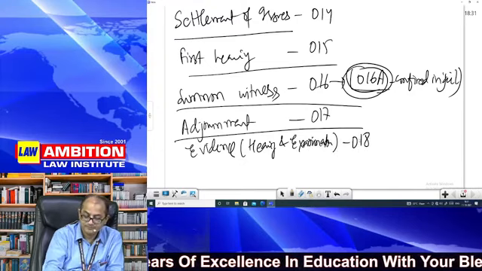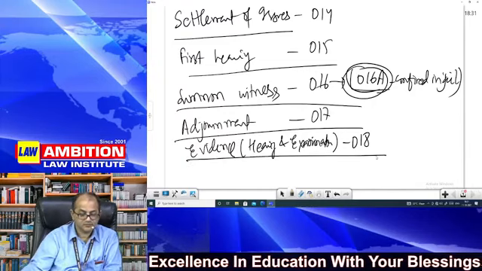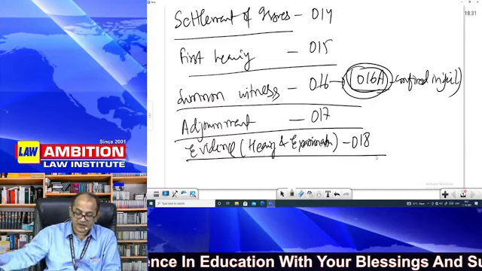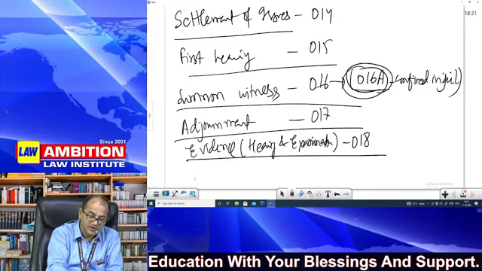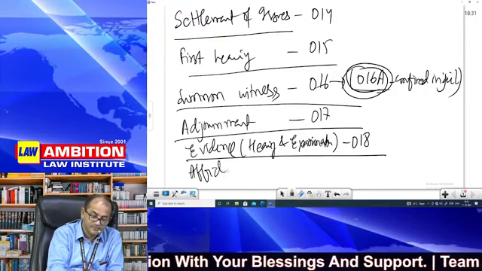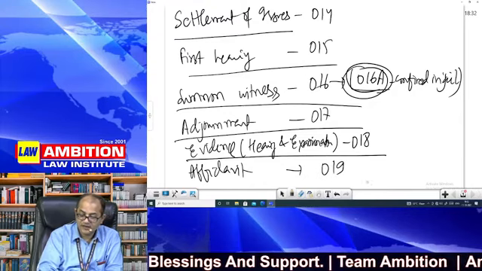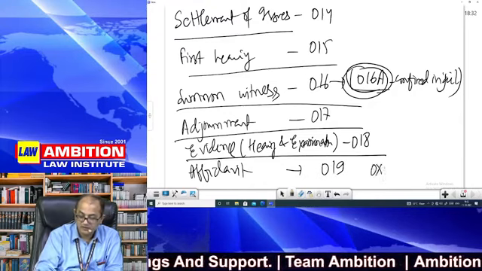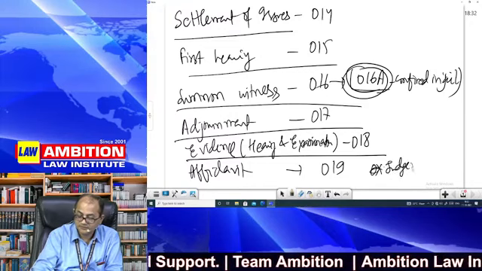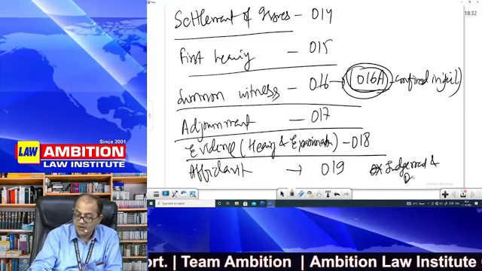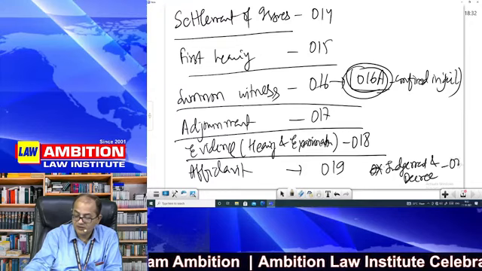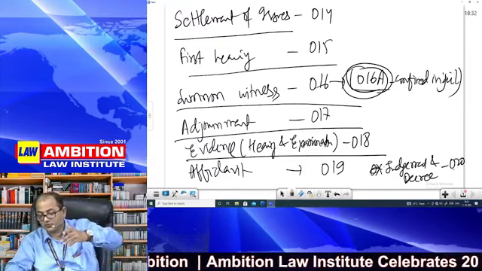Order 18. Order 18, then it says evidence can be given by affidavit also. Order 19. And then order 20, judgment and decrees. Now see, what you have read till this point, order 20. So order 1 to 20.